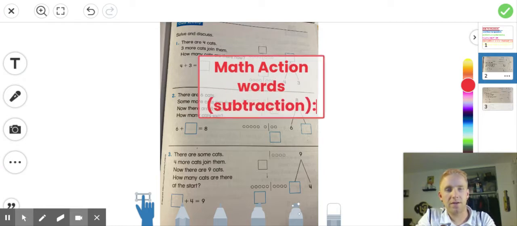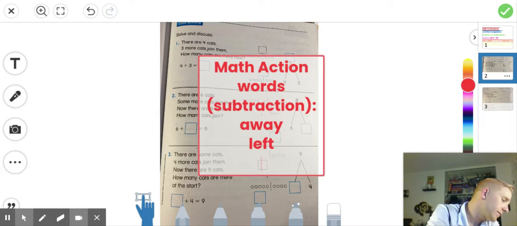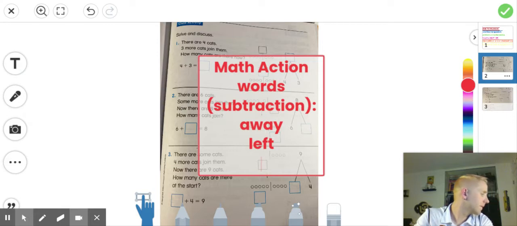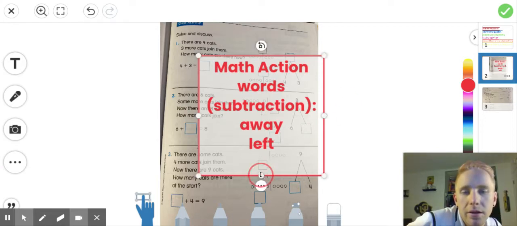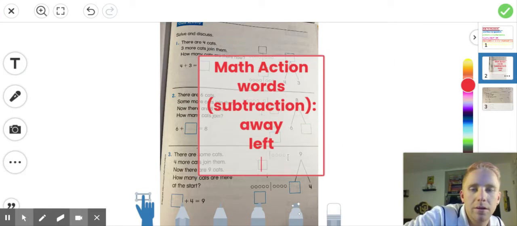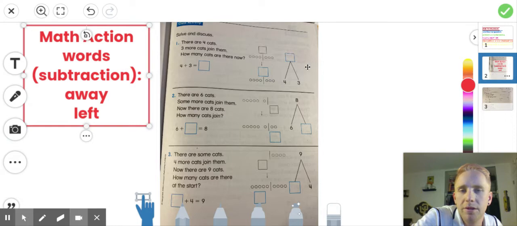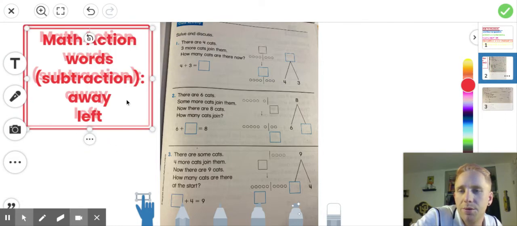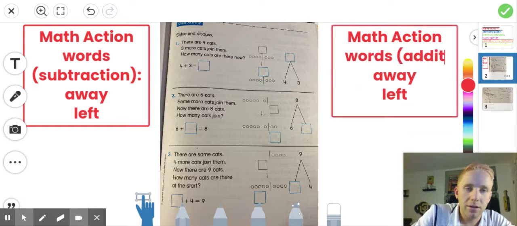For subtraction, we have away, left, you'll see those today. So put those over here because those are some things you'll remember. And then I'm going to duplicate this and put it over here as a little reminder. But instead of subtraction, we're going to deal with addition.